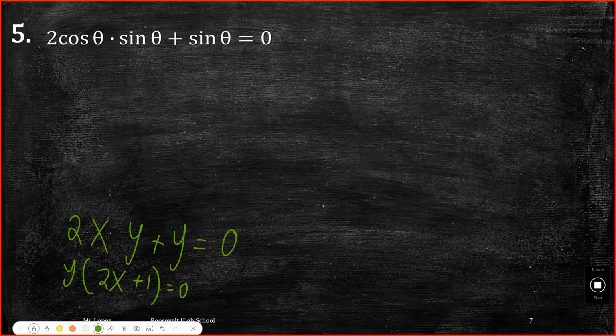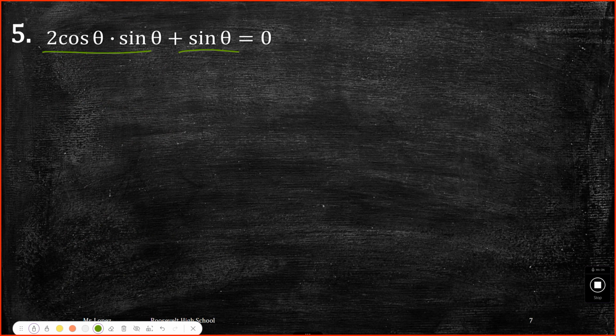All right, this is the idea. This is algebra with geometry. I'm going to factor out a sine theta. If I factor out a sine theta from this, then I'm going to be left with 2 cosine theta, and then sine theta times positive 1 is sine theta.